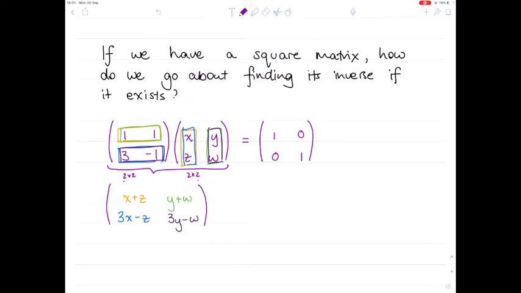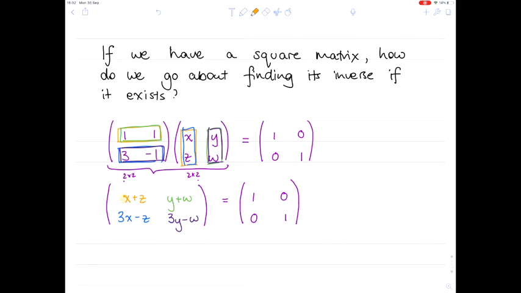So if we actually multiplied out the left-hand side, that's what we get. And we want this to be equal to the identity matrix. And as we know, when two matrices are equal, we need to have the corresponding entries equal.